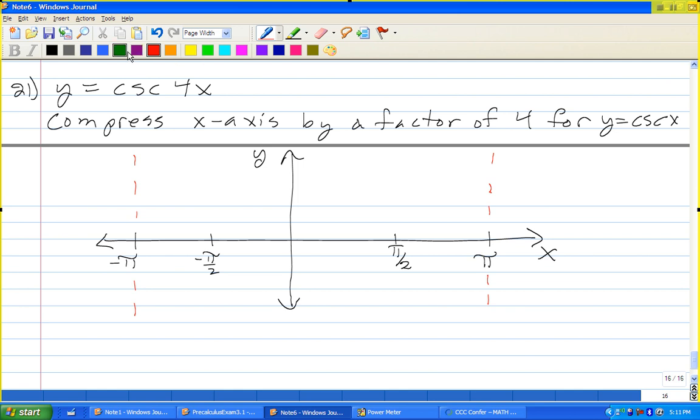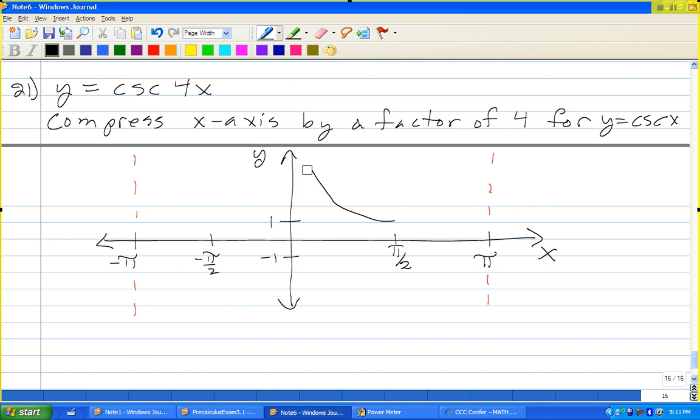And let's make this 1 here, I guess. Okay, so sine of 0 is 0. Sine of pi is 0. And sine of pi over 2 is 1. So cosecant is going to blow up at 0.